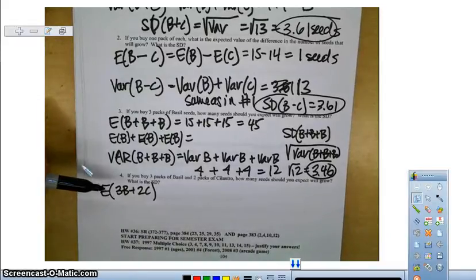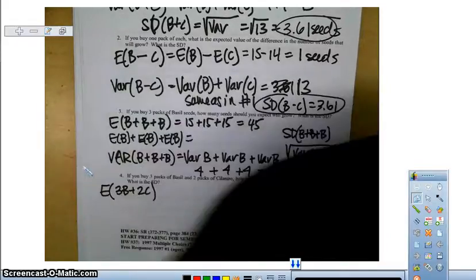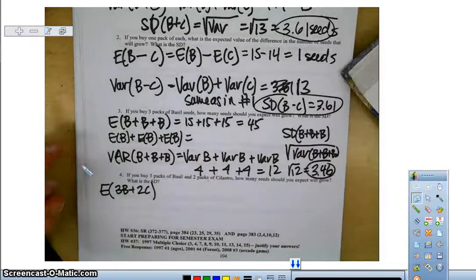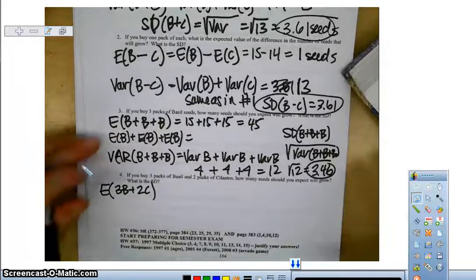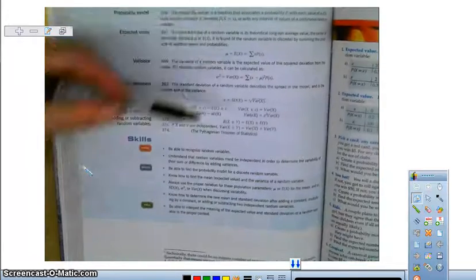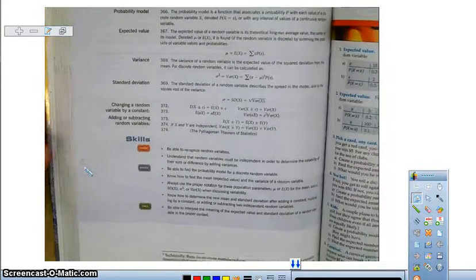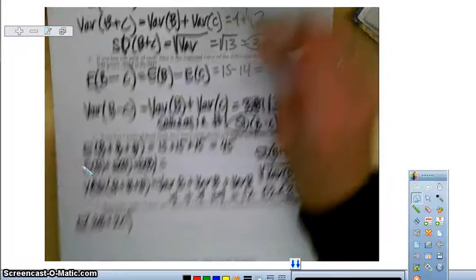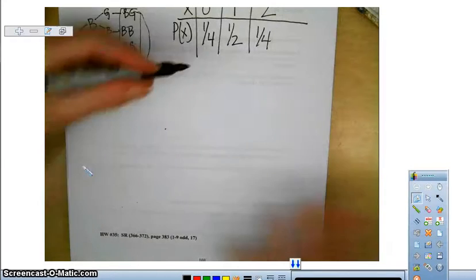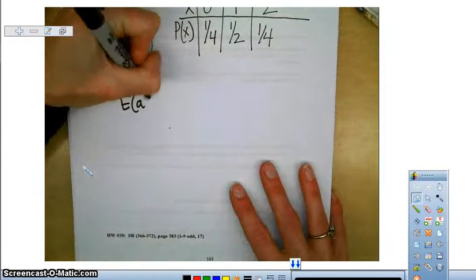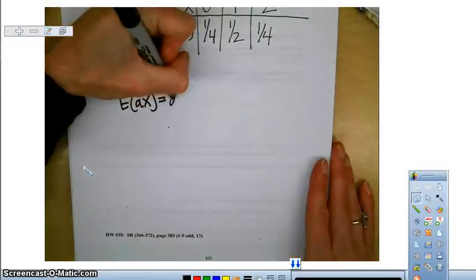The rules are on that same page I was just on. So I'm going to write the rules down. It's basically rules 272 and 273. It tells you what to do. The rule says the expected value of A times X is equal to A times the expected value of X. What is that saying?